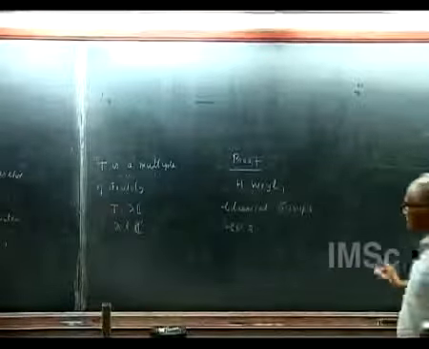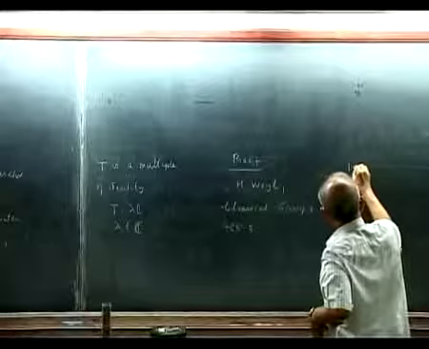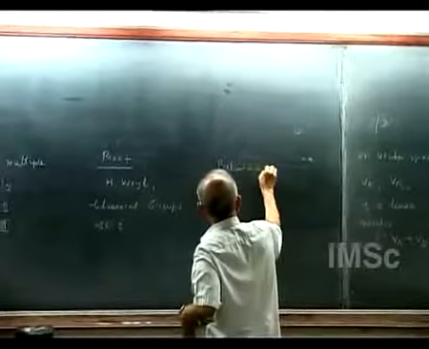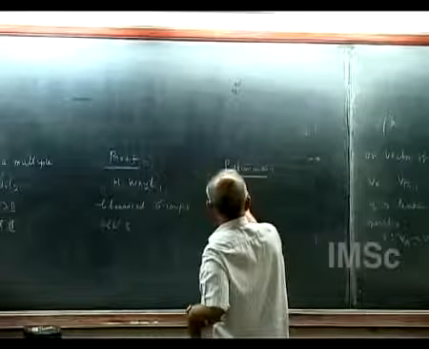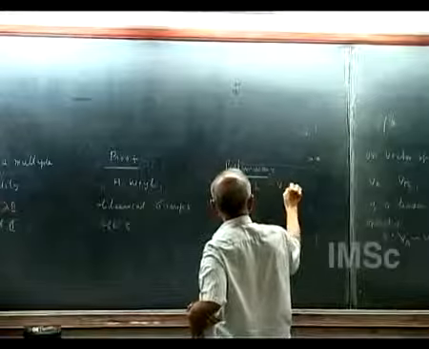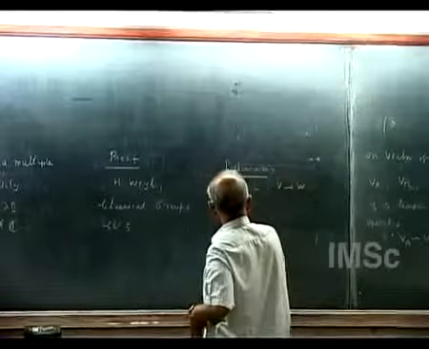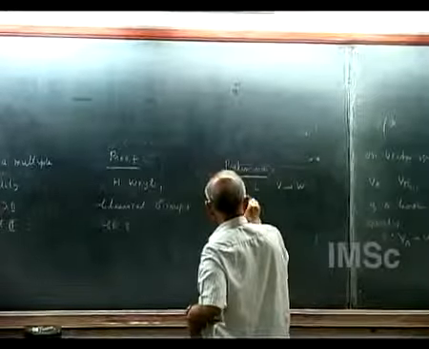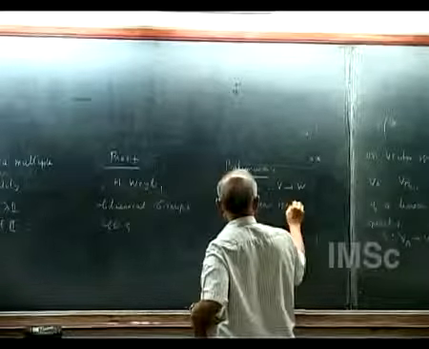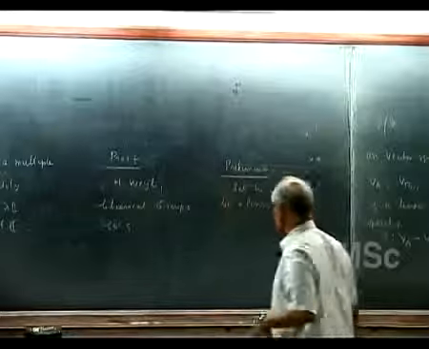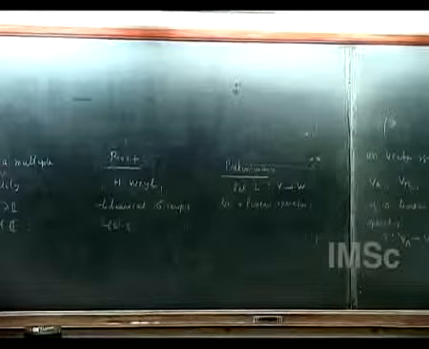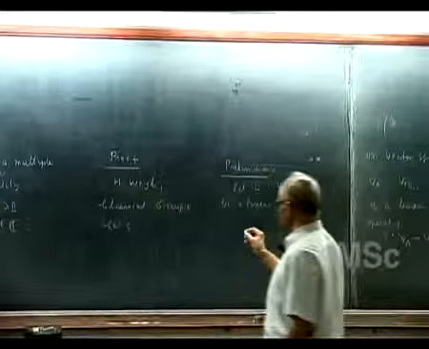So, what I want to show as a preliminary is this. Let L be a linear operator from V to W. There are two elementary definitions.